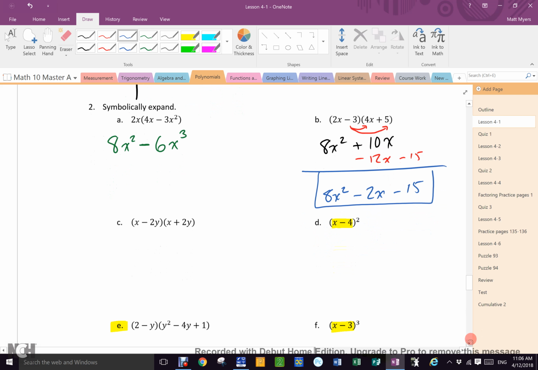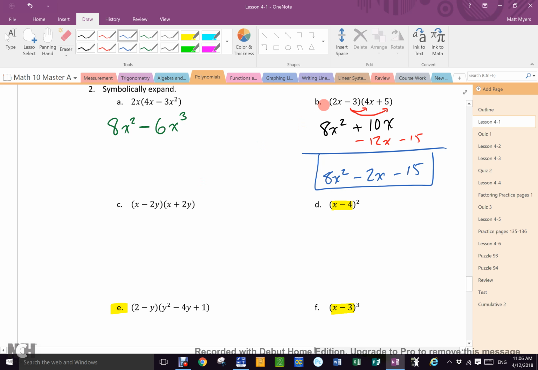Is this the exact same question as B? Yes, it's got different letters, but does the method change? Of course not. What's x times x? What's x times 2y? 2xy. What is negative 2y times x? Negative 2xy.